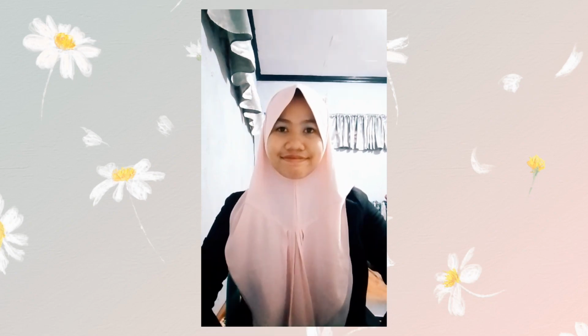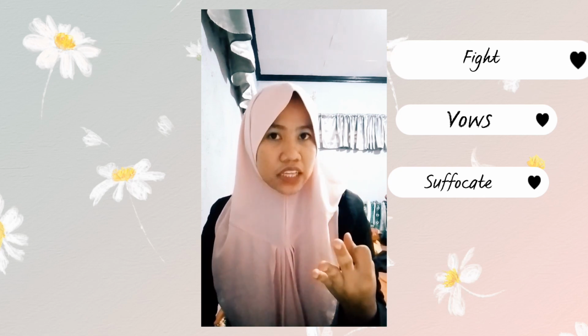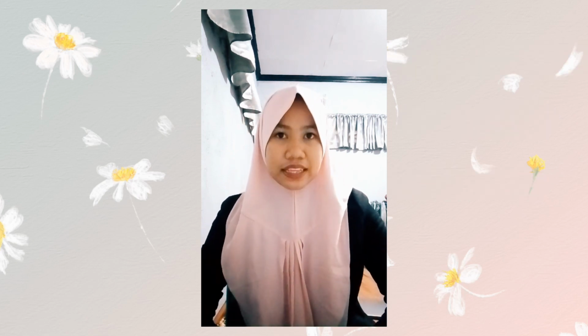The second one is the labiodentals. Labiodentals are sounds formed with the upper teeth and the lower lip. The initial sounds of these words, fight, vows, and suffocate, are labiodentals.